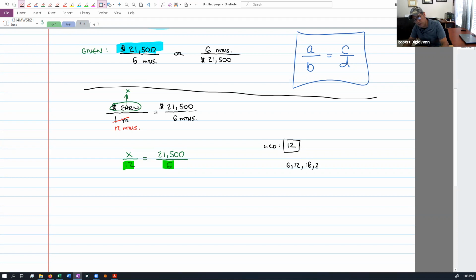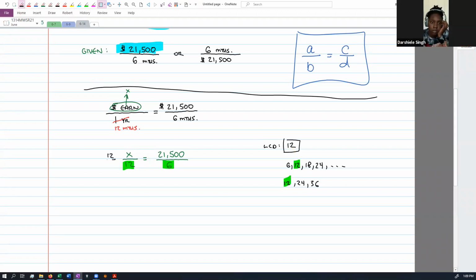These are all the multiples of 6, and then all the multiples of 12. And then we tried to find the smallest number that appeared in both of them. So 12 was this LCD, this least common denominator. Then what we do once we have it is multiply both sides of the equation by that number. So we multiply both sides by 12. And when I say 12, I mean 12 over 1, multiplied on both sides.